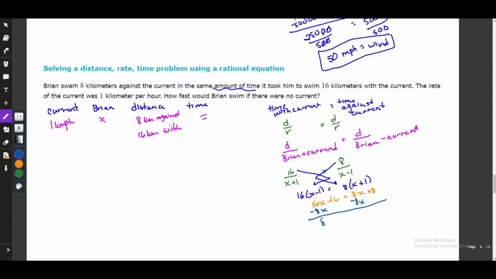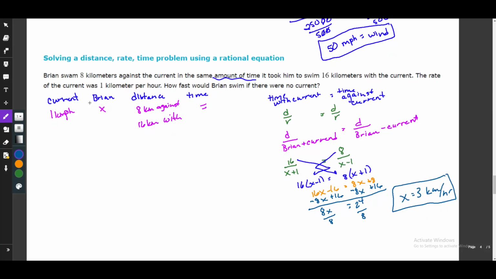That will give me 8x. I'm going to add the 16 because I want the numbers on the other side, equals 16 plus 8 is 24. Divide by 8 and we get x equals 3 kilometers per hour. So Brian is swimming at 3 kilometers per hour.